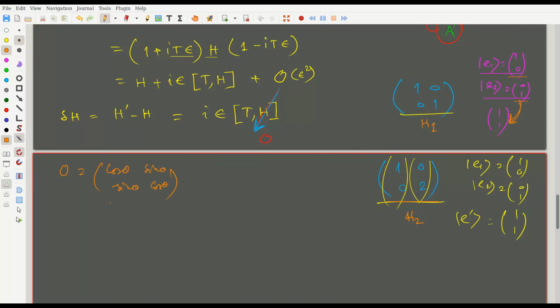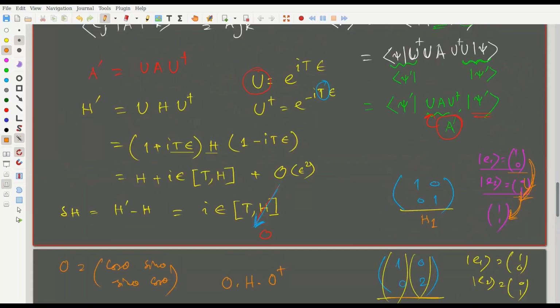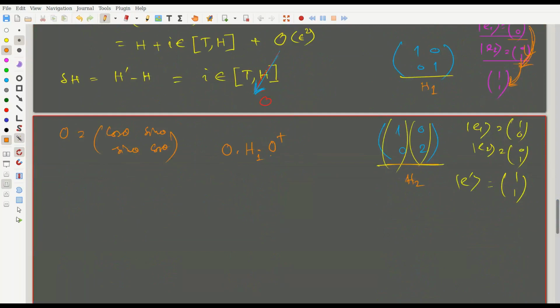The thing is, if you rotate these things, you are now going to a different basis, and then your Hamiltonian should be modified as O H O dagger. So if this is H1, since H1 is an identity matrix, this is O times O dagger, which equals 1, which is again your H1.